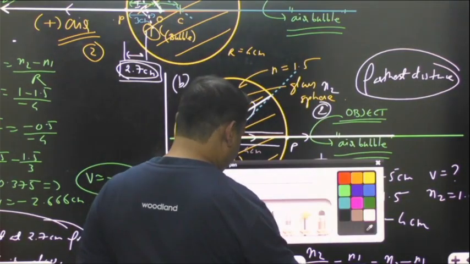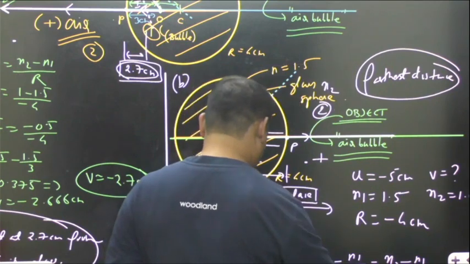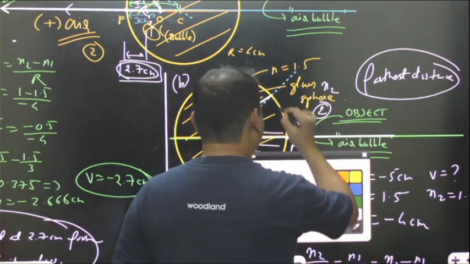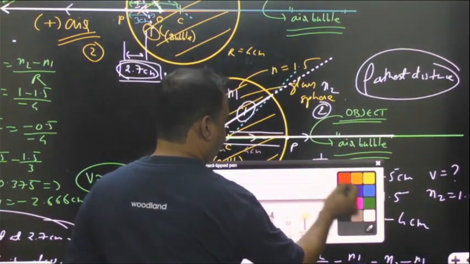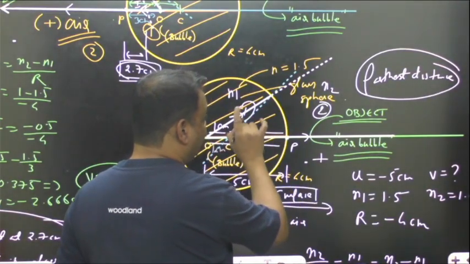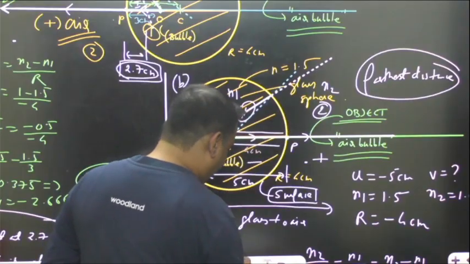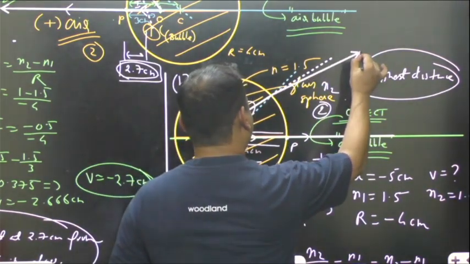Had there been no change in medium, this ray would have gone, let me make a dotted path, something like this, correct? But since it is going from denser to rarer medium, it will bend away from the normal. So it will bend something like this.